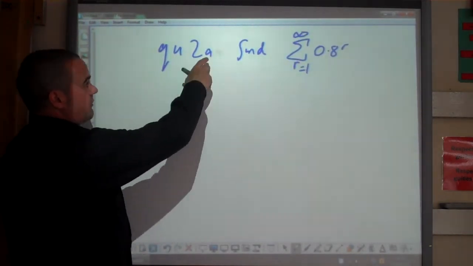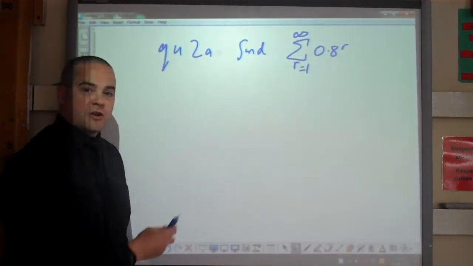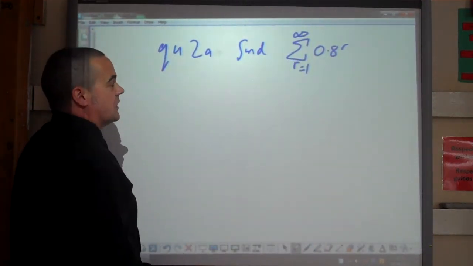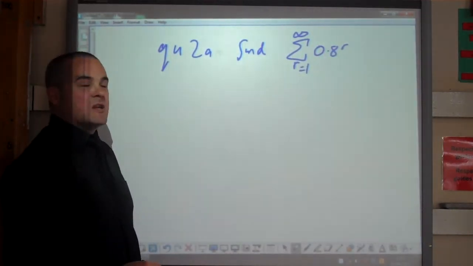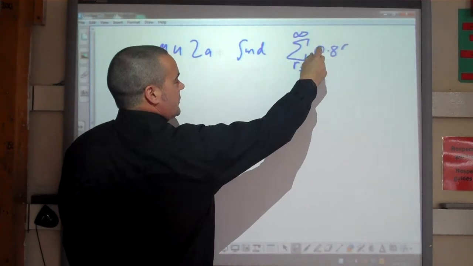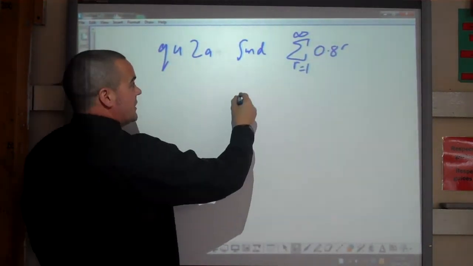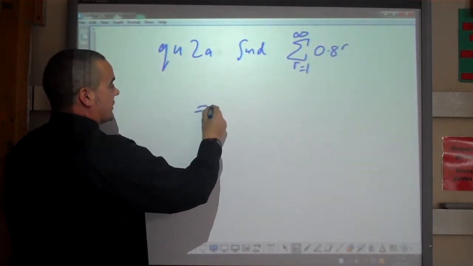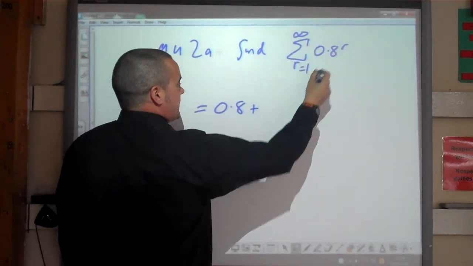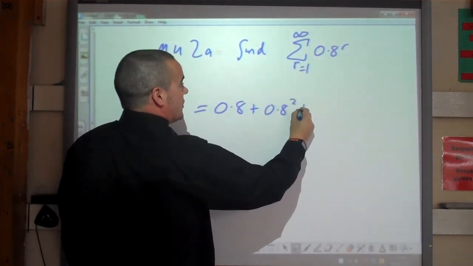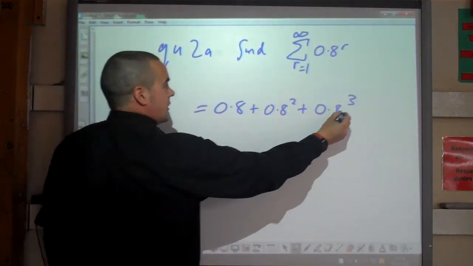Question 2, I'm going to do question 2a. Now I know we're going from 1 to infinity. Obviously I can't write out all those numbers, and I can't write in Sn because I have to figure out what r is first. So if I write out the series, it's 0.8 plus 0.8 squared plus 0.8 cubed, and carry on.